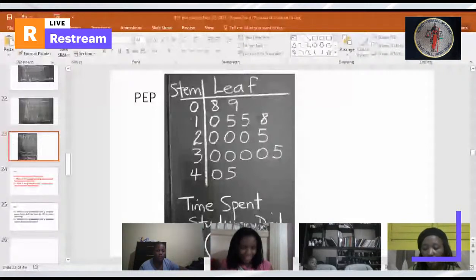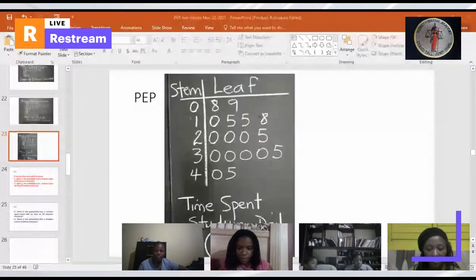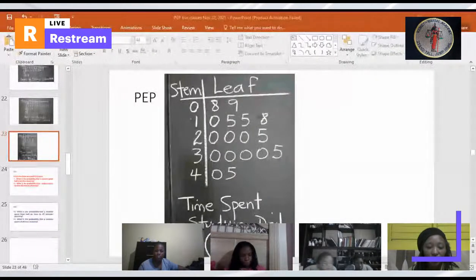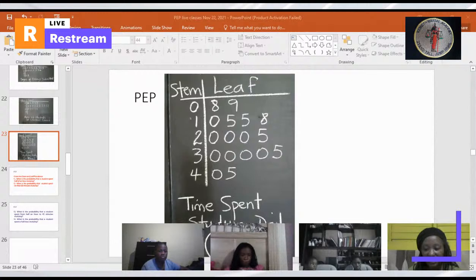So how would we find the mean? Miss, we would divide 400 by 17. Yes, the total is 400 and there are 17 numbers. We divide 400 by 17 and that gives us 23 and 9 over 17, or 23.52.